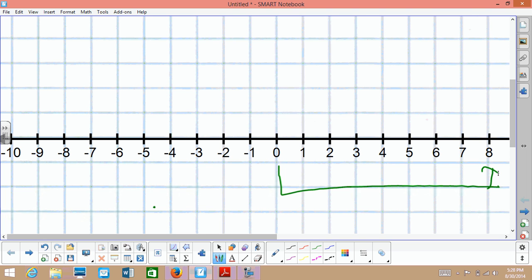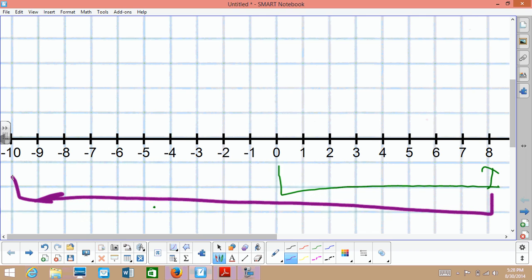Just like when you're buying a set of pencils or a set of markers, you're talking about a number of them. It's not only one, it's two or more. So that's a set of numbers.